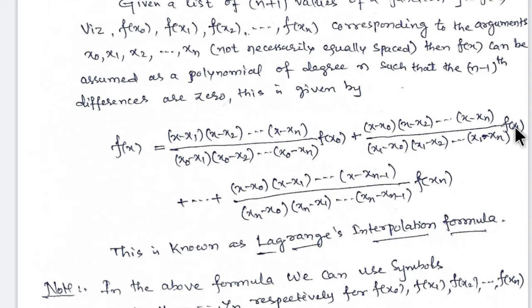Here x1 minus x1 is absent, because it becomes 0.